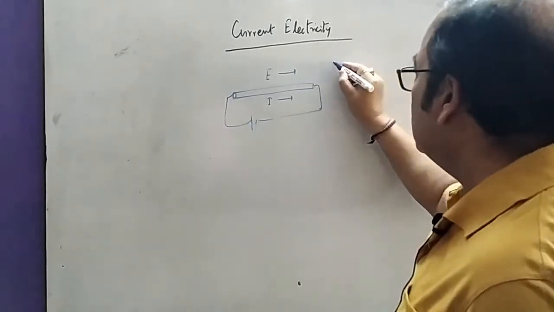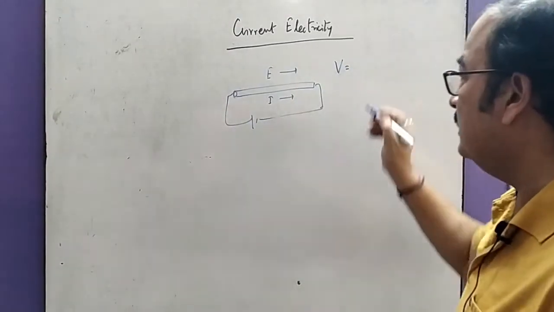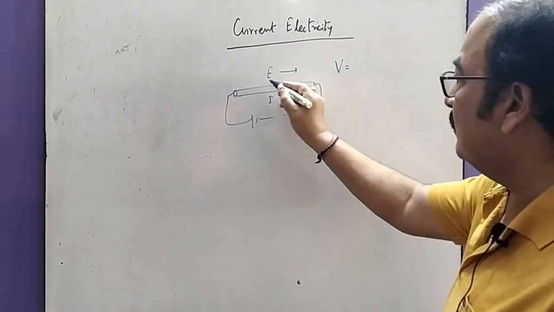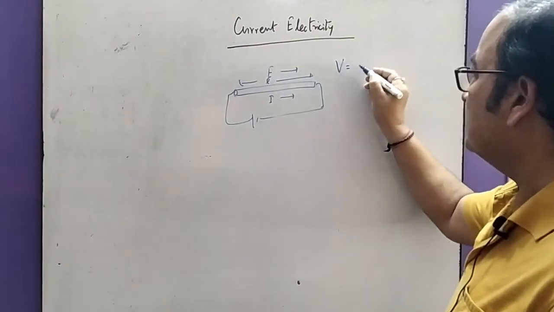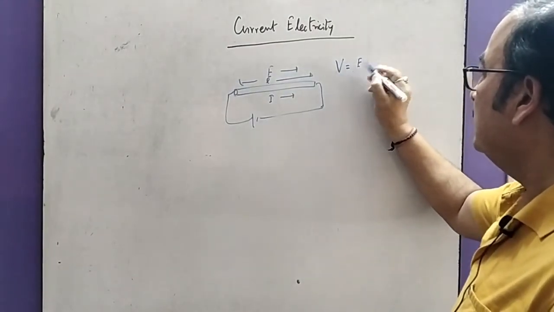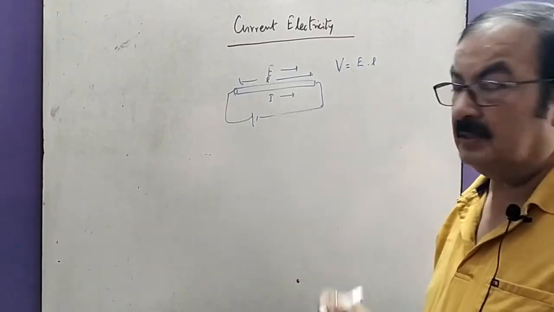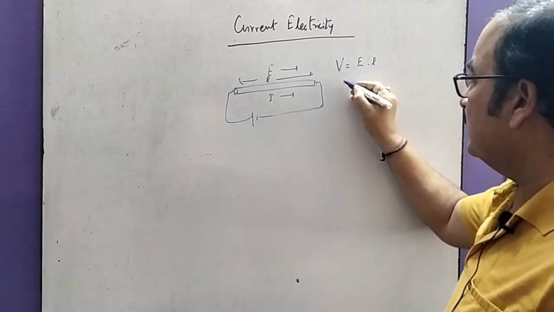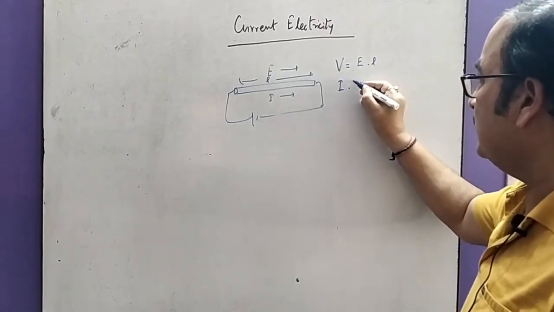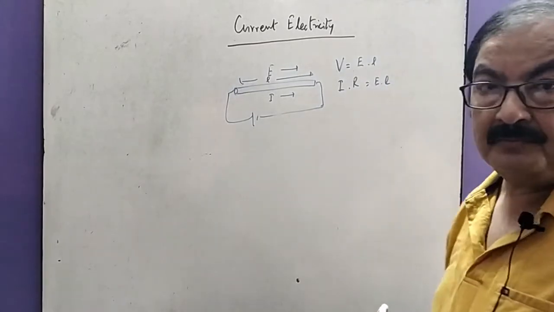Now voltage, if the length of the wire is L, the potential difference is E into L. It is the total voltage.